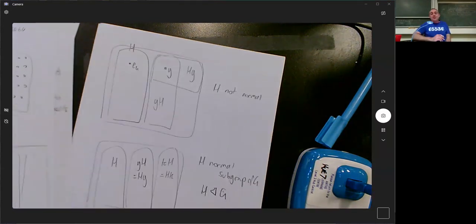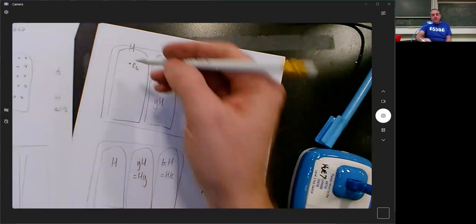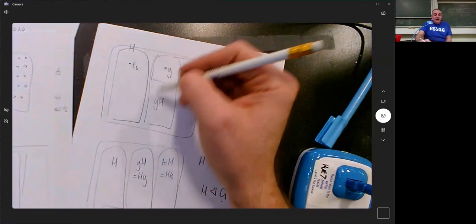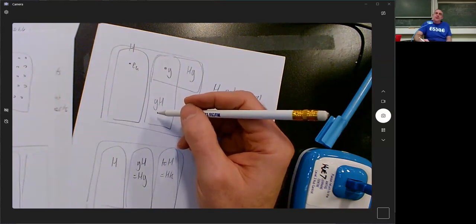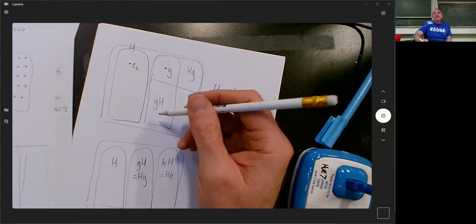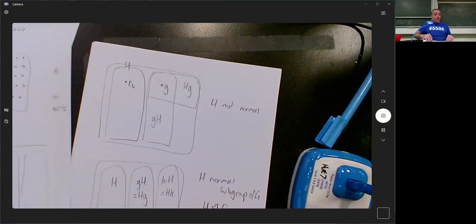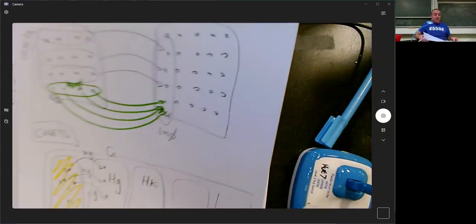And the reason they're the same size is that if you multiply H by the same g, you have to get all different elements, because if any 2 of them were the same, then 2 of the elements of H would have been the same because of the cancellation law. So we can have a proof that the cosets are all the same size.